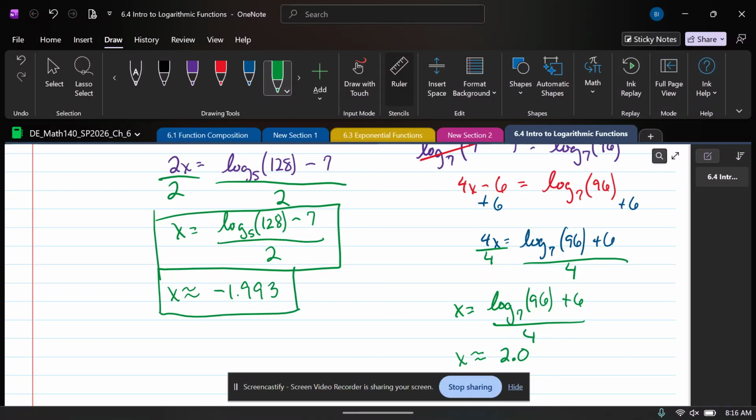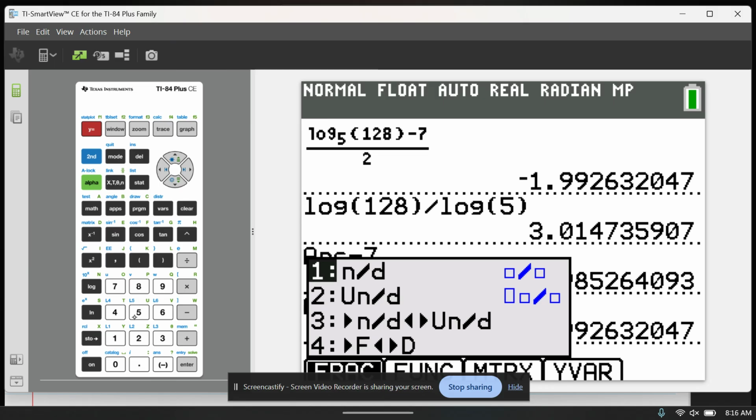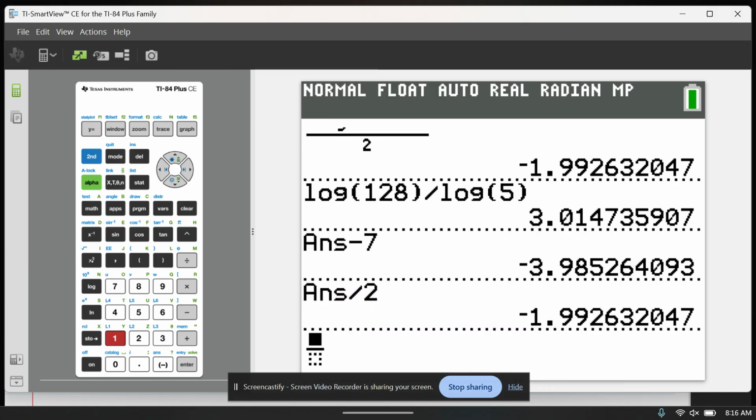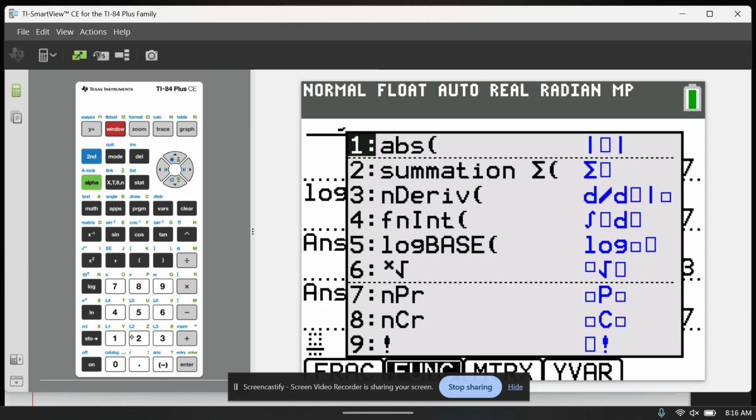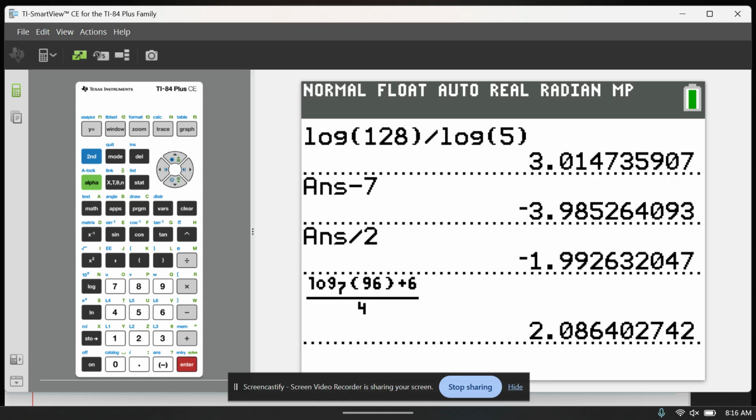So I've got to get my fraction button, log base button, log base 7 of 96. Outside of that, it's a plus 6, then divided by 4. And there's that 2.086 there for that.